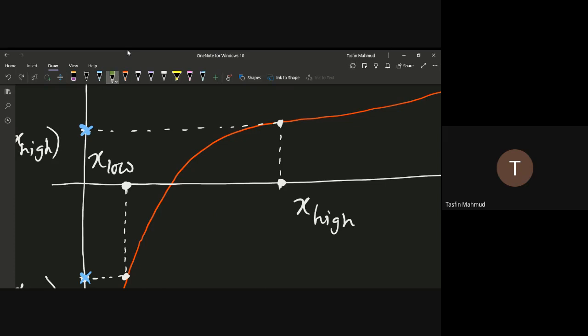So let's assume as this is x low and this is x high, the midpoint would be somewhere here, right? So this is our x mid, the midpoint. And we will see whether the function value is positive or negative for the midpoint. We can see for this x mid, the function value is positive.